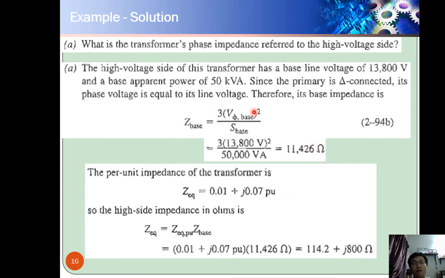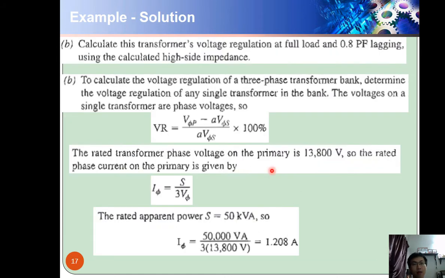Z base equals 3 V squared divided by S. Then the per unit impedance Z equivalent is 0.01 plus j 0.07 per unit, plus because this is lagging, reactance. So the high side impedance will be per unit times Z base. This is the high side. Okay? Because all of this is referred to the high side, when we multiply by the per unit, it becomes high side.